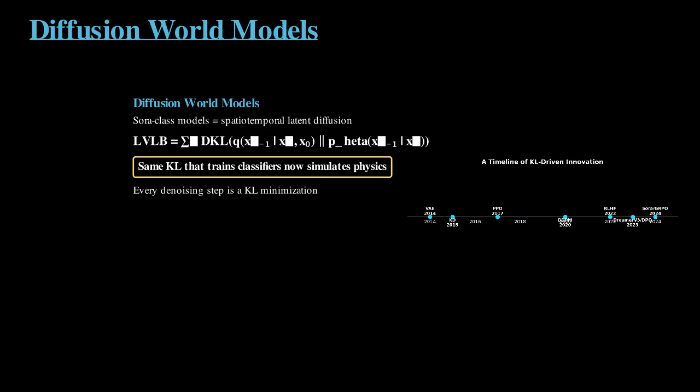This VLB is composed of a sum of KL divergences, one for each step in the denoising process. For video generation, this means every frame-to-frame transition, every subtle motion, is being optimized by minimizing a KL divergence. The same equation that underpinned early VAEs is now training models that simulate complex physical dynamics. From a simple prior over images to a complex prior over world trajectories, the KL divergence has scaled with our ambitions, becoming the engine of modern generative AI.